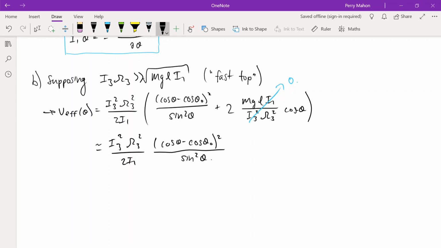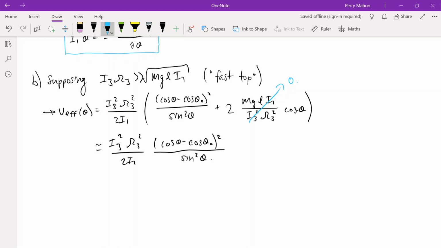The first thing to notice is that this remaining term is strictly positive for all values of theta. This first factor up front is clearly positive, and so is this one because everything's squared. So for all values of theta, V effective is positive.